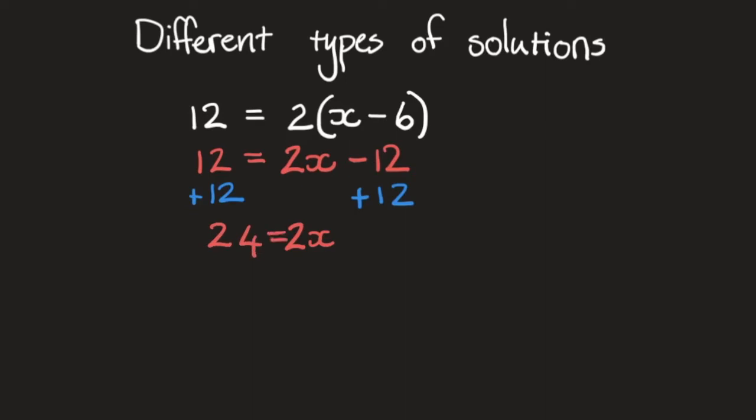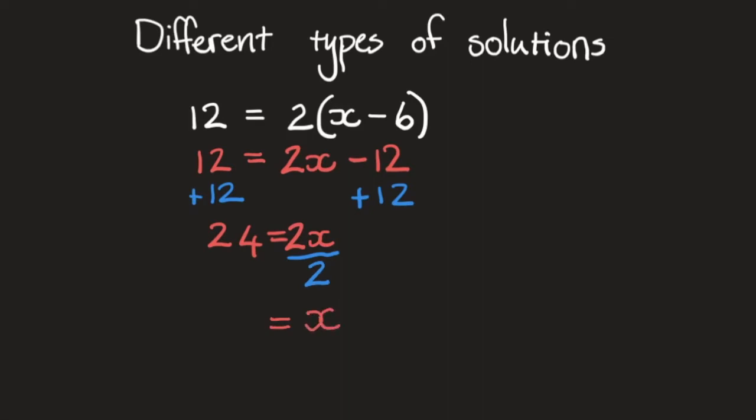The next thing we need to manipulate is that 2x. We need to make it into x, and to do that the inverse operation of times, because it's 2 times x, would be divide. And that would give us x on its own, so we've isolated it.